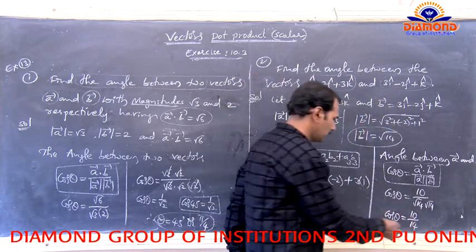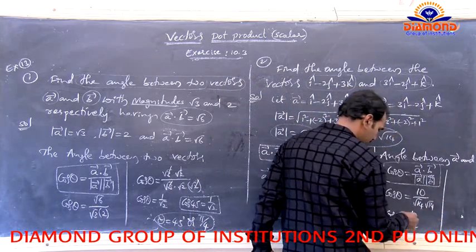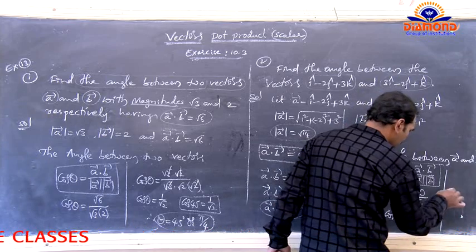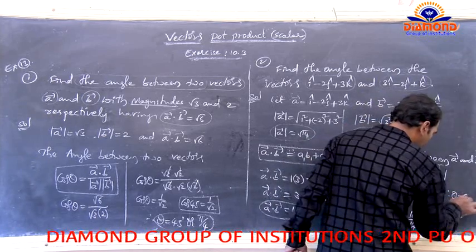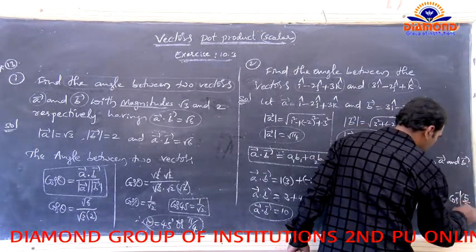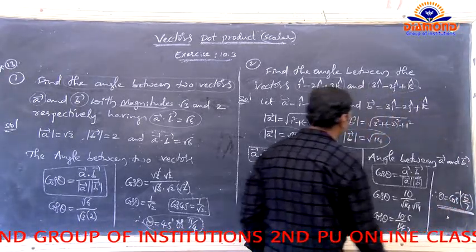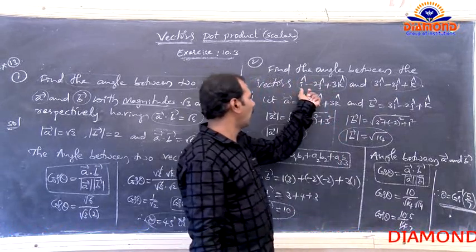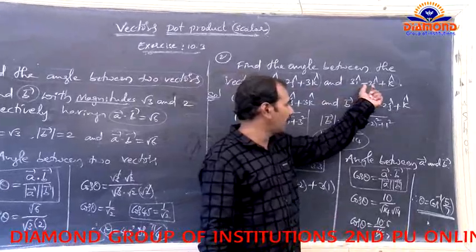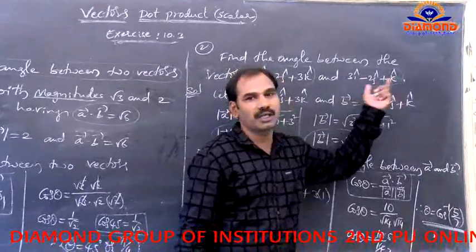The square root cancels and you get this answer: 2 5s are 10, 2 7s are 14. Therefore theta equals cos inverse of 5 divided by 7. This is the angle between these two vectors, I cap minus 2j cap plus 3k cap and 3I cap minus 2j cap plus k cap.